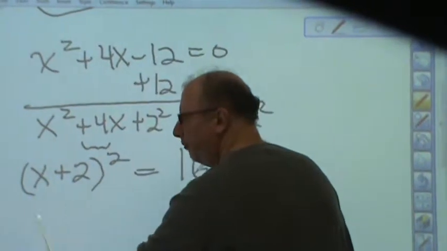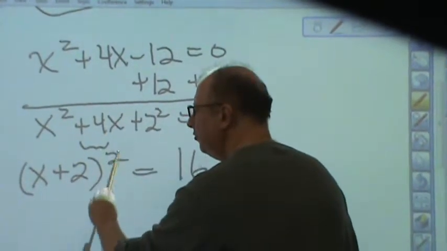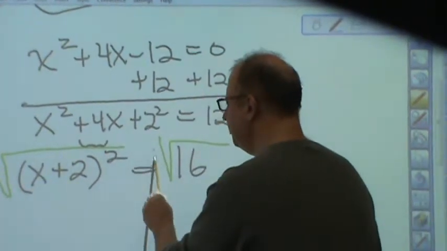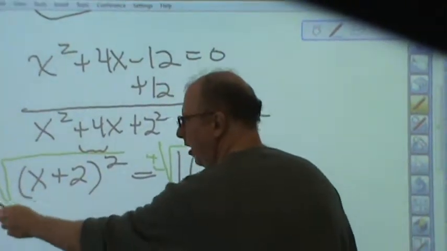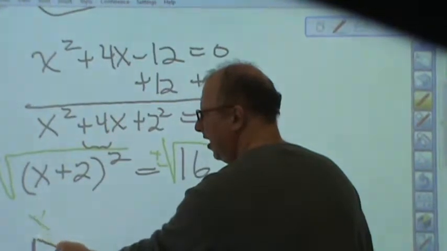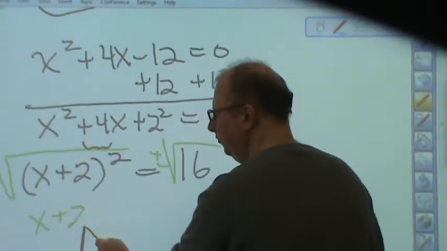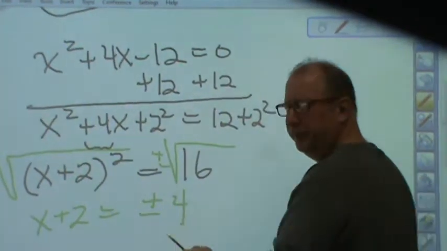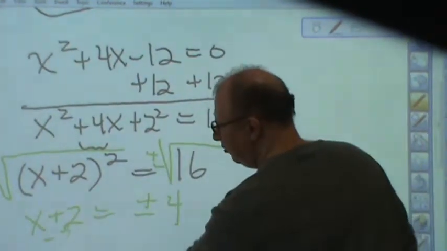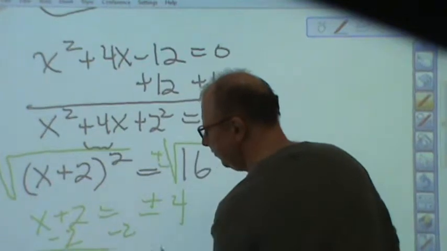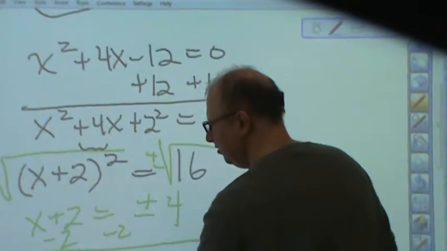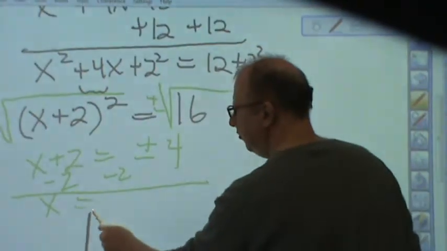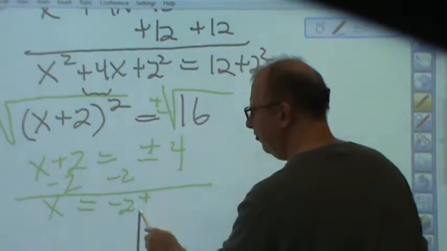You're completing the square. Now what I'm going to do is take the square root on both sides of the equation. And what I have now is x plus 2 is equal to plus or minus 4. After you subtract 2 on both sides, x is equal to negative 2 plus or minus 4.